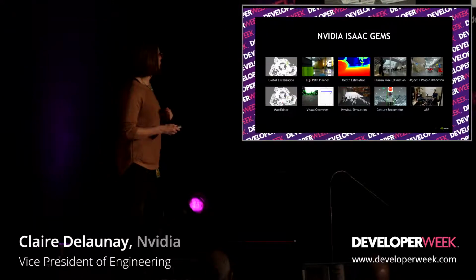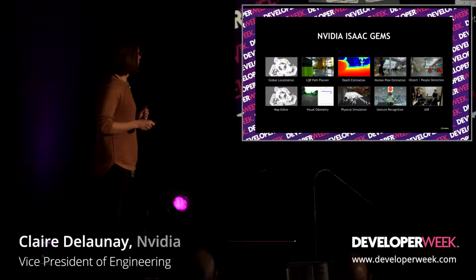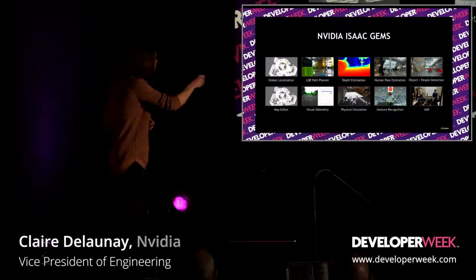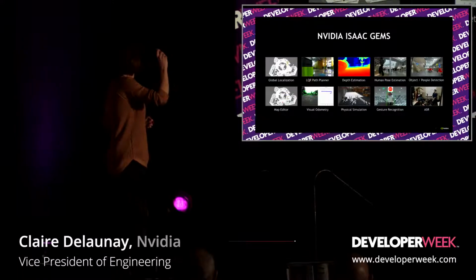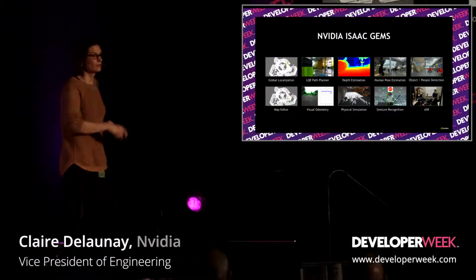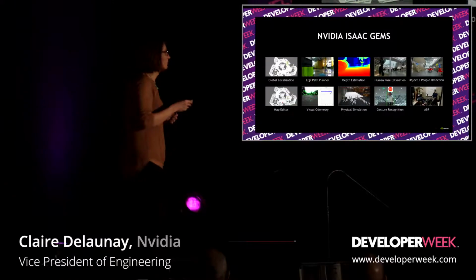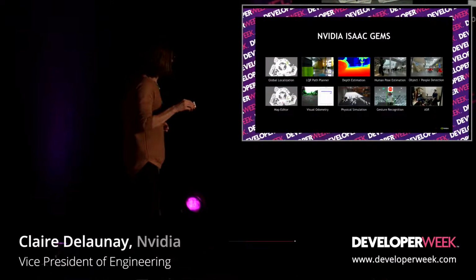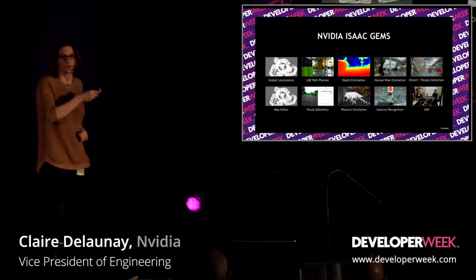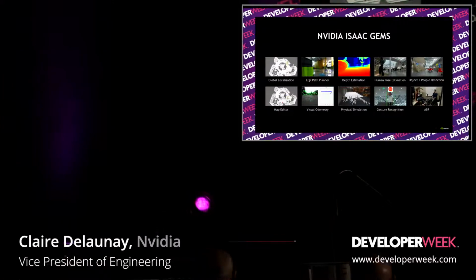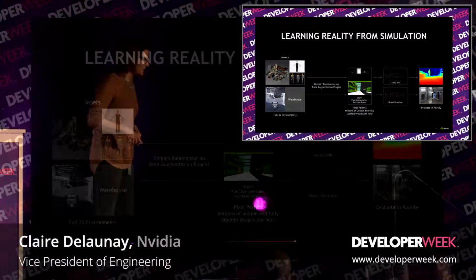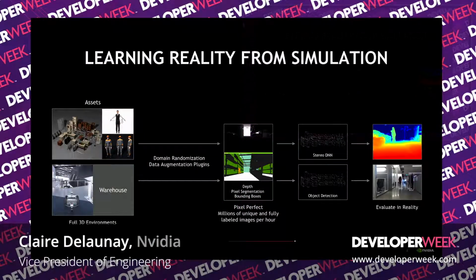We even have a neural network version. Pose estimation, physical pose estimation, people detection, map editor, so you can really customize where the robot can go. Visual odometry, physical simulation, gesture recognition, and even sound processing. So many things.